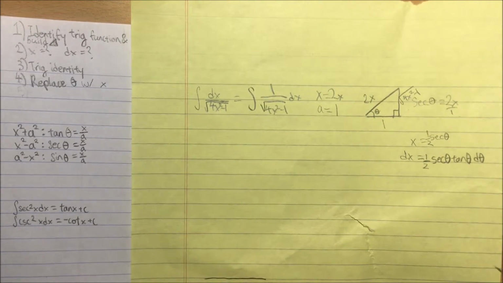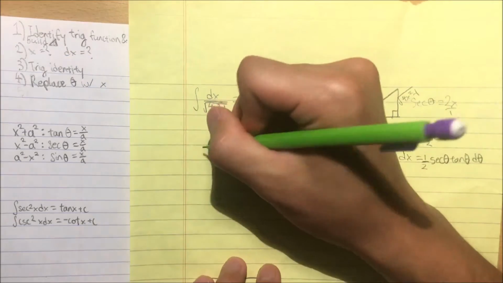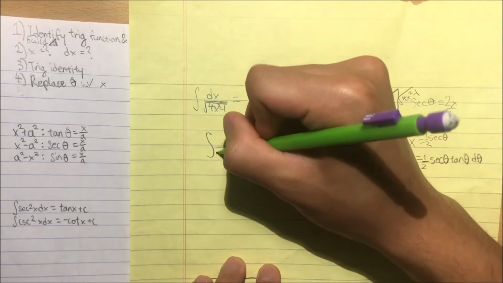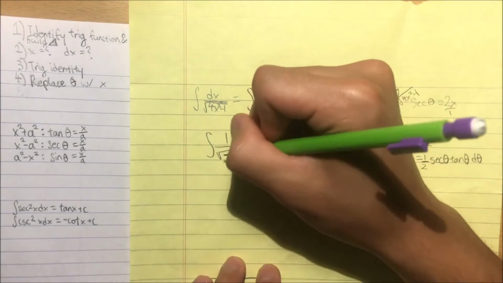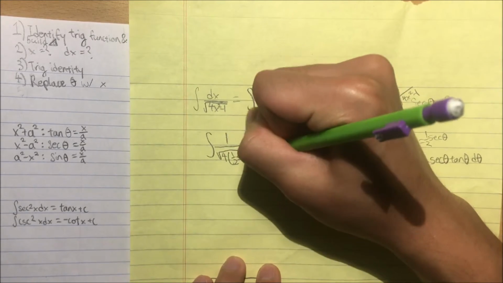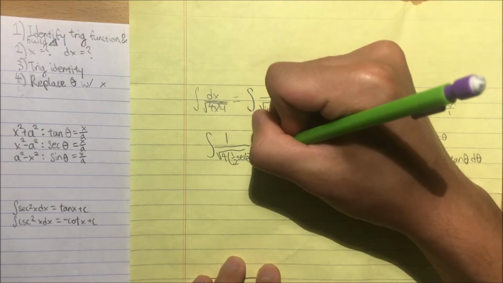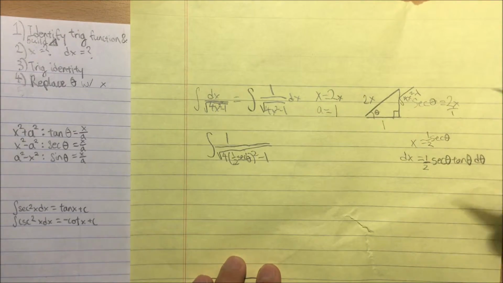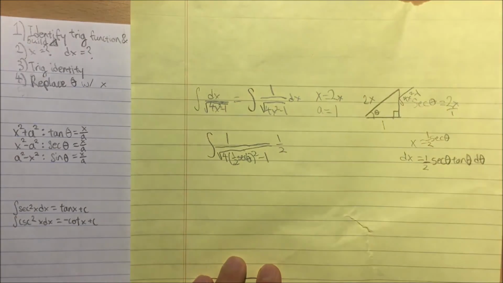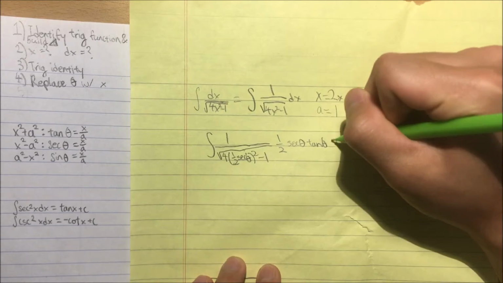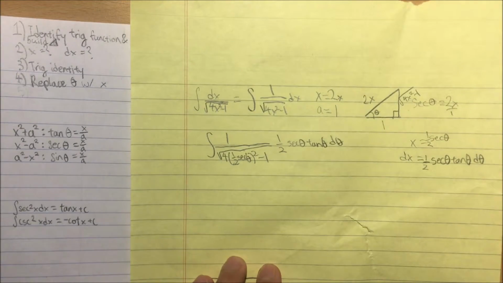Okay, now let's sub in for x's with thetas, and that gives us the integral of 1 over the square root of 4x squared, which would be 1/2 secant of theta squared minus 1, and times dx, which is 1/2 secant of theta tangent of theta times d theta.